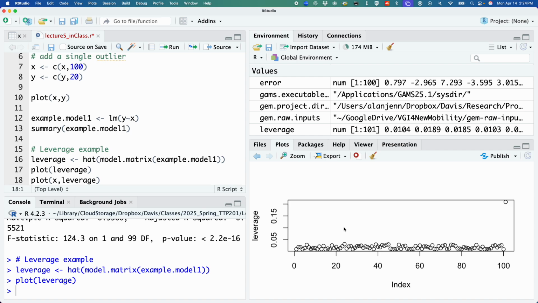And remember, leverage is always going to be between 0 and 1, and so there are rough rules of thumb that people talk about. Because this is a very idealized data set, it's easy to see visually. But there are some rules of thumb about the ratio between leverage values and high leverage values, or certain cutoffs that you might want to use. So like a cutoff for leverage values above 0.1, right?